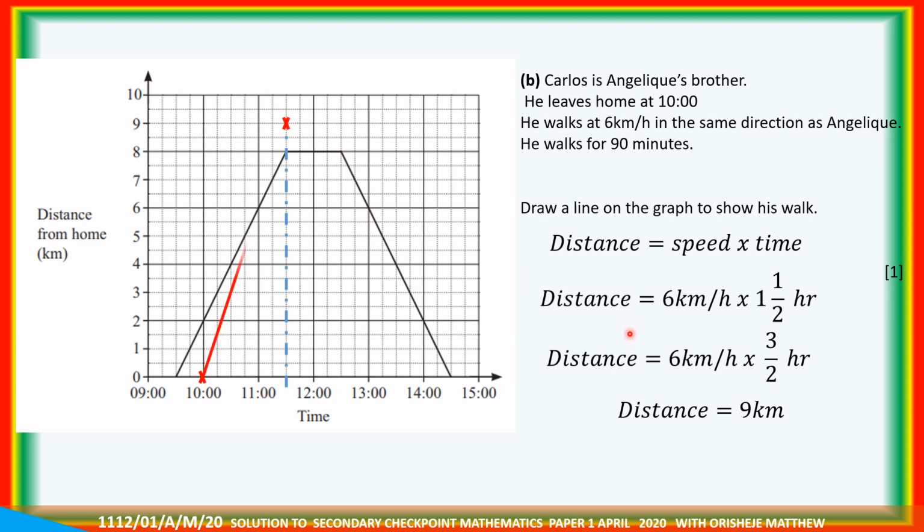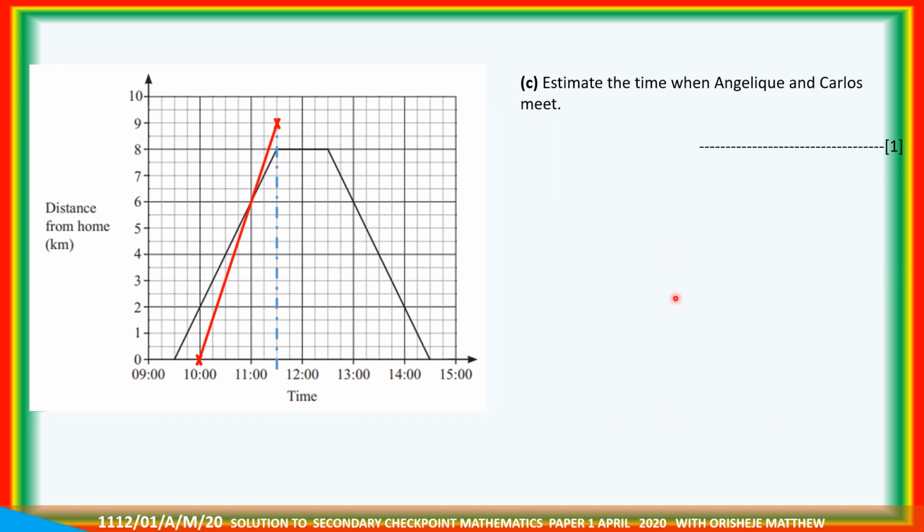Okay, you see where they cross each other. When did they pass each other? That would be 6 kilometers from their home. Very good. But let's see the next part of the question. Estimate the time when Angeli and Carlos met. So when did they meet?